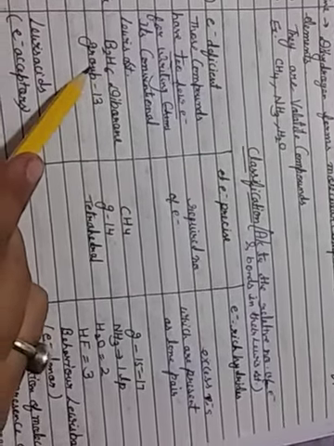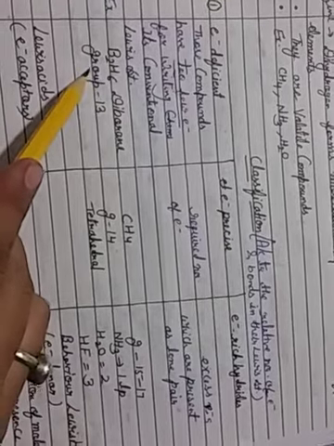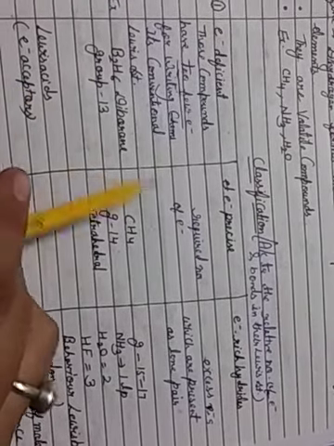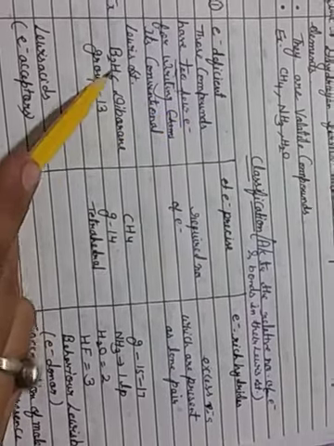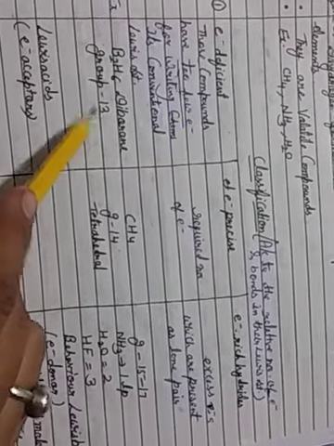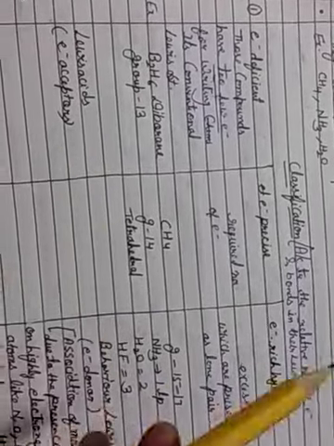group 13, so it accepts electrons. Because of fewer electrons, boron, group 13, has only 3 electrons in the outer shell, so it accepts electrons; it is known as an electron deficient compound.